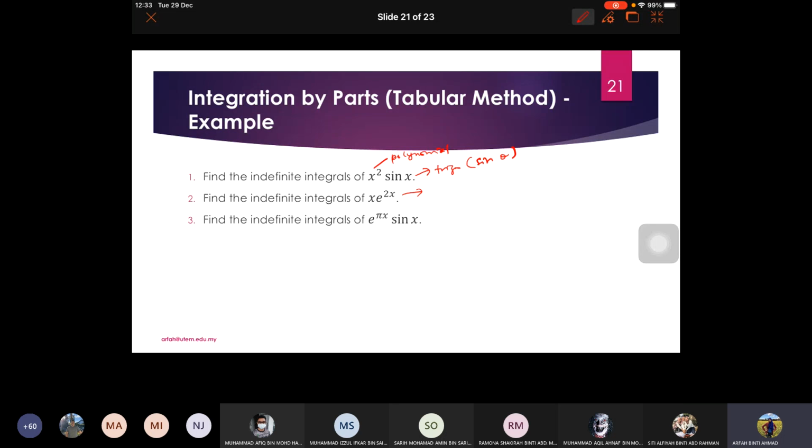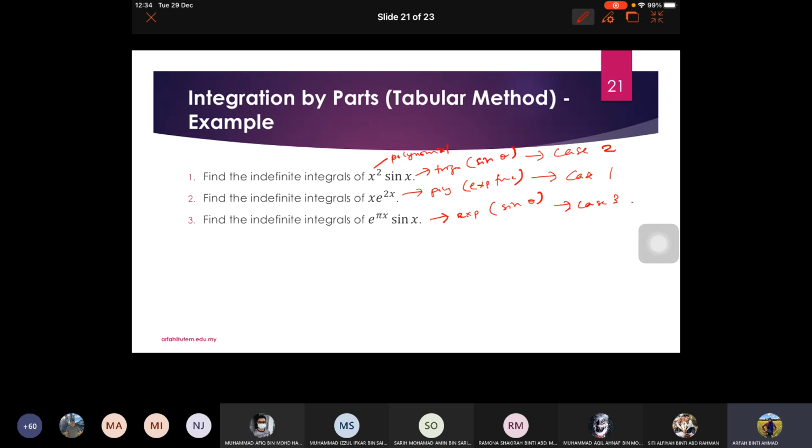Yang ini adalah polynomial function darabkan dengan exponential function. And this one you have exponential function darabkan dengan sin theta. Yang ini adalah case 1, yang ini adalah case 2 and ini adalah case 3.